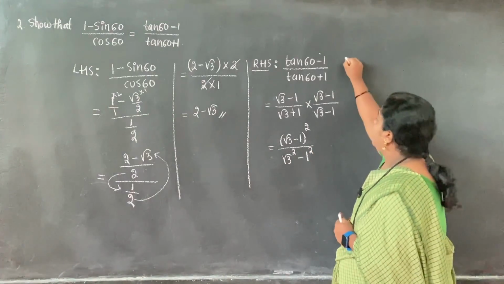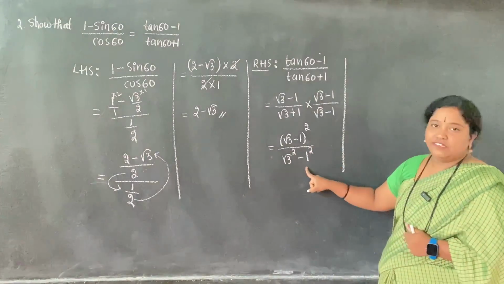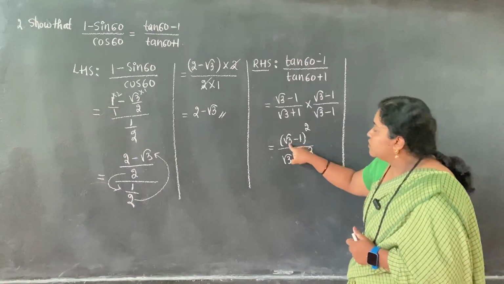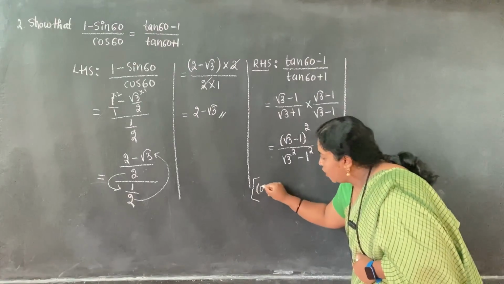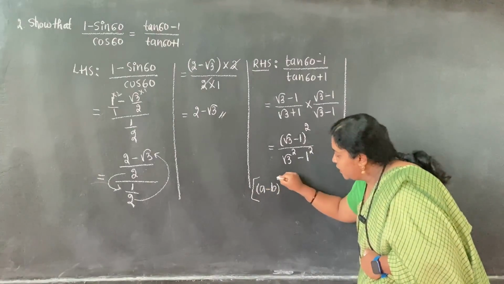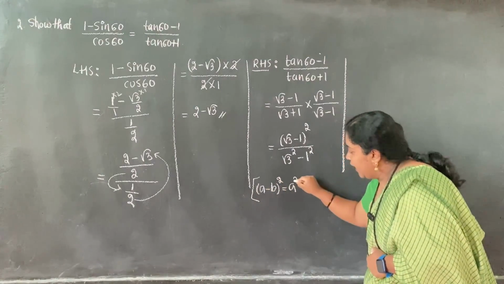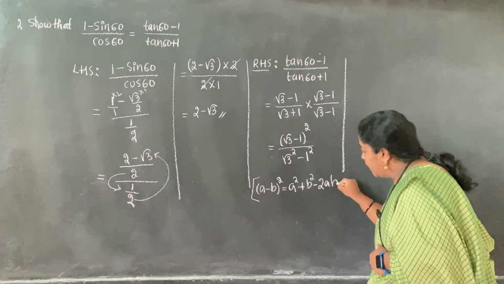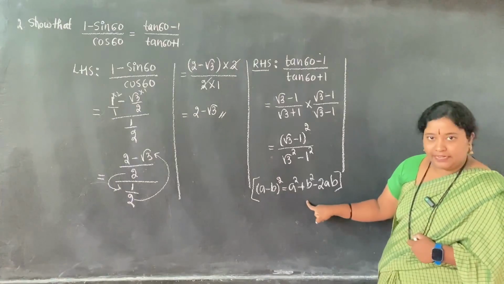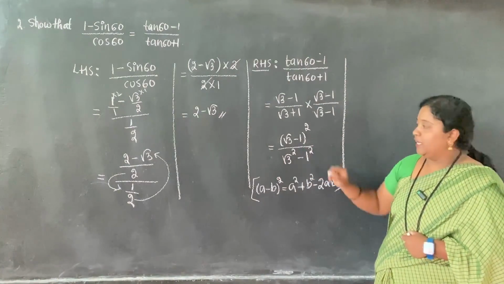Now we'll expand the numerator as well as simplify the denominator. It looks like a minus b the whole square, dear. You know the algebraic identity, a minus b the whole square is equal to a square plus b square minus 2ab. By using this identity, let me simplify this numerator part.